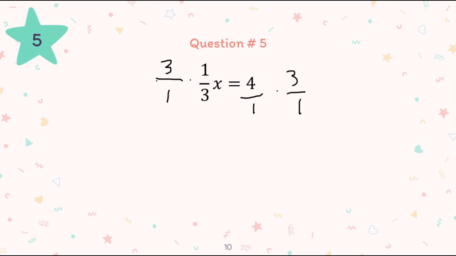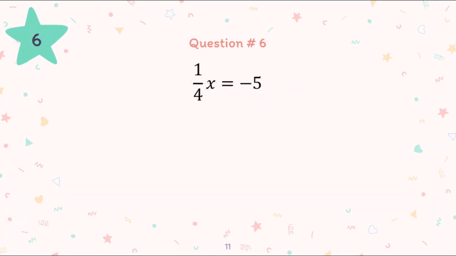We could cross this out because 3 times 1 equals 3, and 1 times 3 equals 3. So it's going to be 3 over 3, which is equal to 1, and 1 is equal to x. So we could just put x. And then we do 4 times 3, which equals 12. And then we have 1 left, so 12 times 1 is 12. So x is equal to 12.